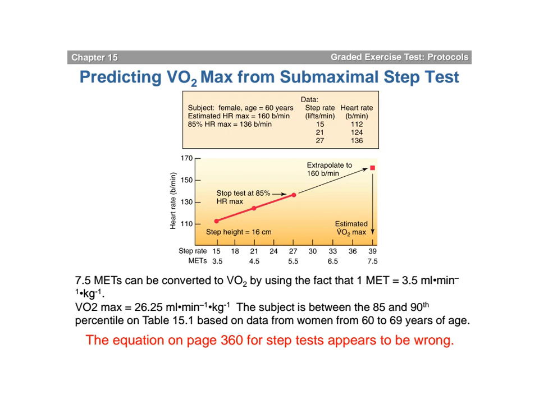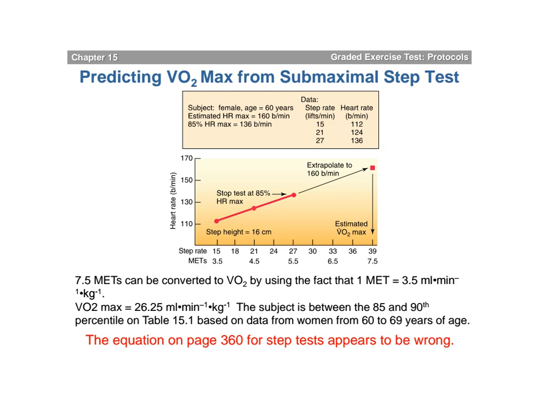Her estimated maximal heart rate, based on her age, is 160. If we multiply that by 0.85, we get 136 beats per minute. So we're going to start her off with a step rate of 15 steps per minute. Step height is constant. And she has this heart rate, looks like about 112 or something like that.